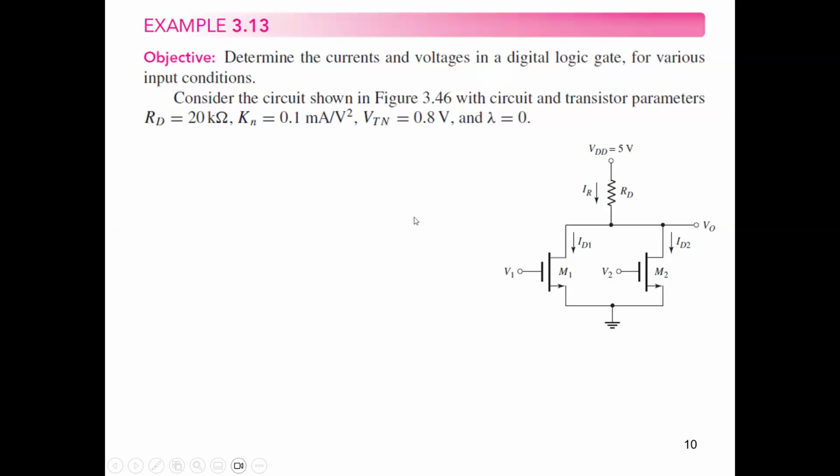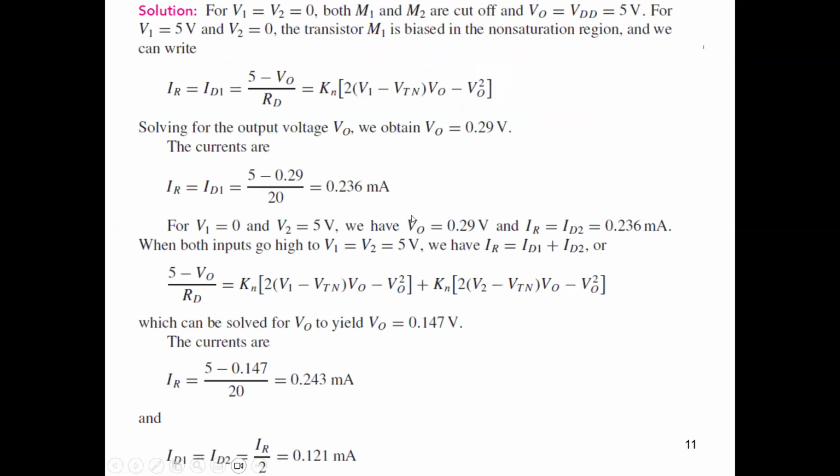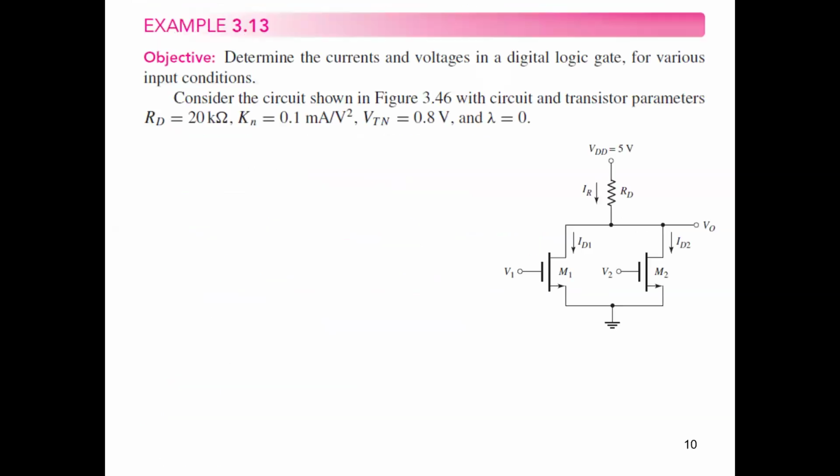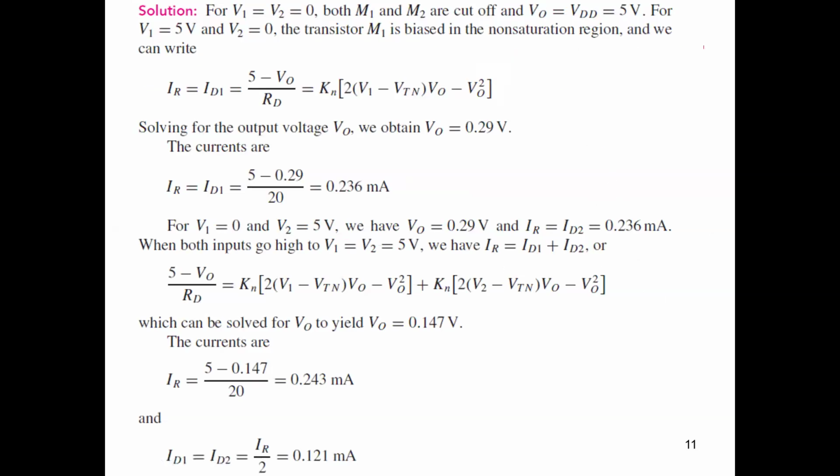Now let's apply the logic values and see. For instance, guys, let's apply the logic values of 0 volts and 5 volts. So we have now V1 and V2. Let's apply V1 equals V2 equals 0. Here in the textbook, it says for V1 equals V2 equals 0, both MOSFETs M1 and M2 are in cutoff mode.